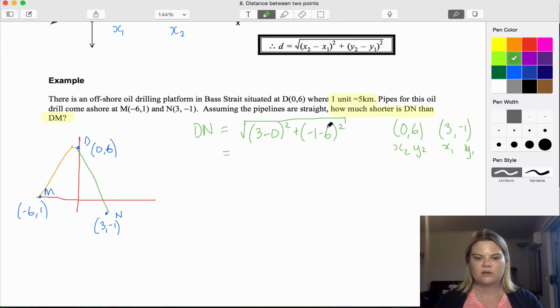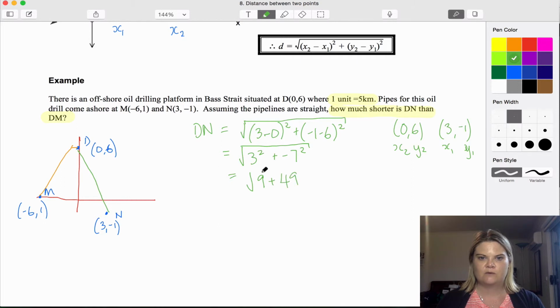Then we just need to solve this problem. So this is going to be the square root of 3 squared plus (-7) squared, which is the square root of 9 plus 49. -7 squared makes positive 49, which is the square root of 58.